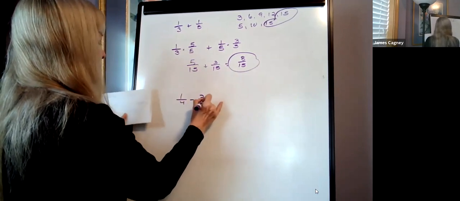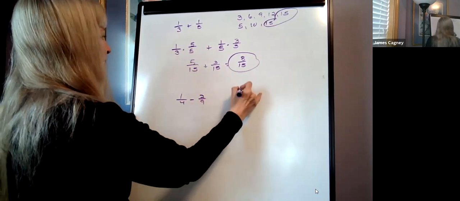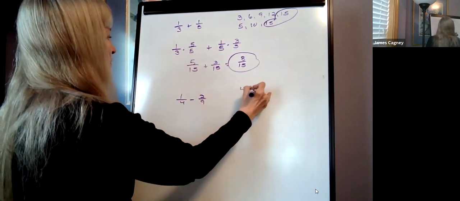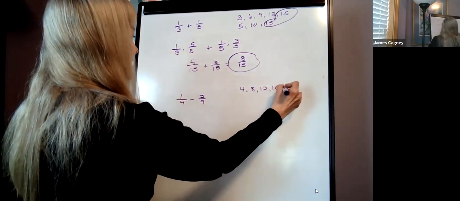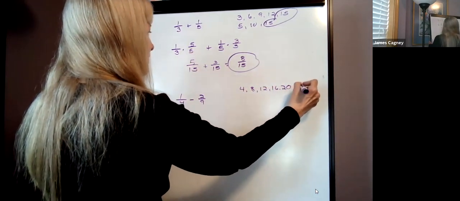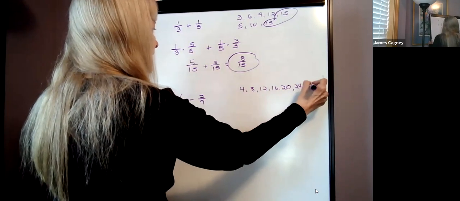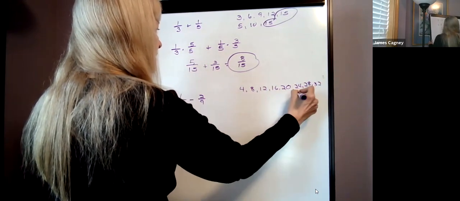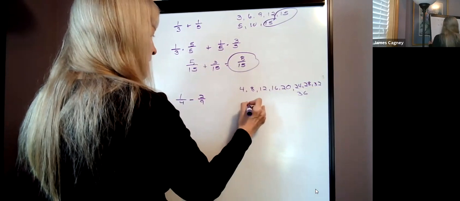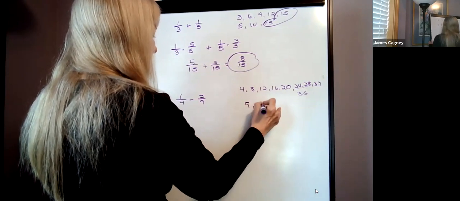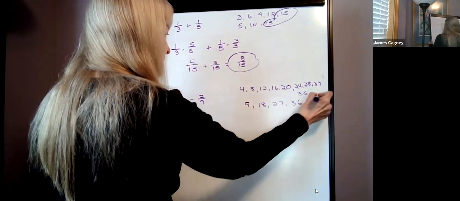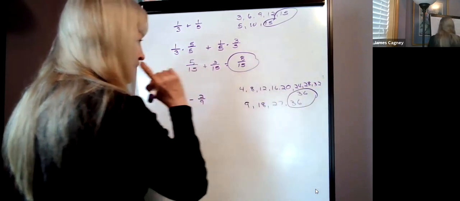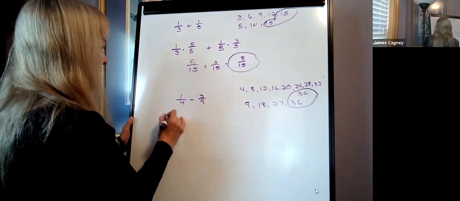The next one was 1/4 minus 2/9. So this is a really interesting one. So multiples of 4 are 4, 8, 12, 16, 20, 24, 28, 32, 36. For 9, it's going to be 9, 18, 27, 36. So here, 36 is going to be the least common denominator.